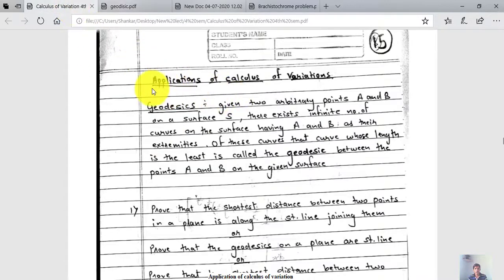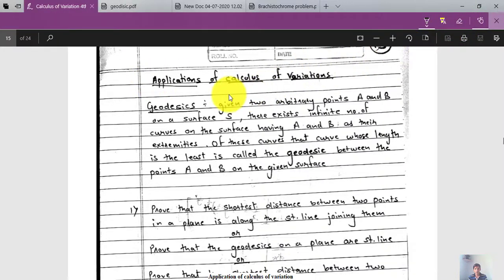So as I have given you notes, in the notes this was given under the application of calculus of variation, where I have written geodesic. Given two arbitrary points A and B on a surface, there exist an infinite number of curves on the surface having A and B as their extremities.